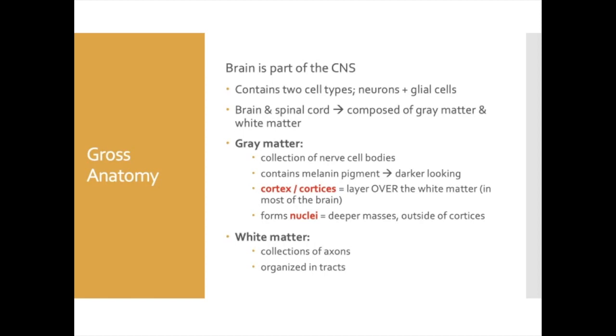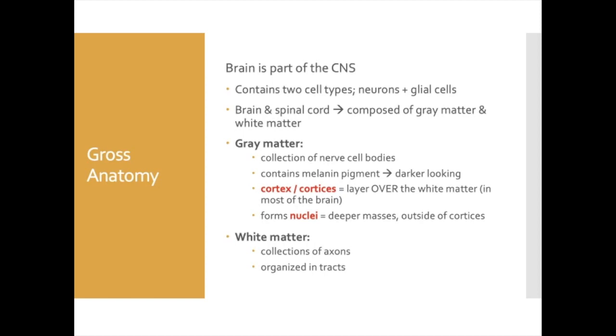Remember, the brain is made out of nervous tissue, and nervous tissue is made out of neurons and glial cells. So when we talk about the brain and the spinal cord, which are the central nervous system, as well as the structures that are in the peripheral nervous system, we're talking about nervous tissue. So the things that contain neurons and glial cells.